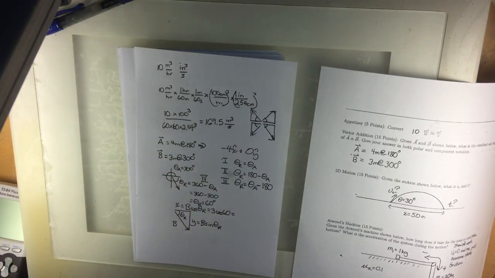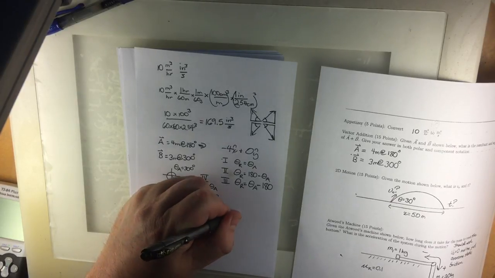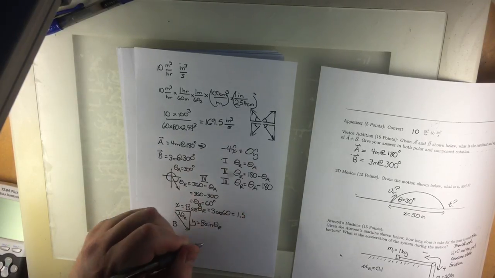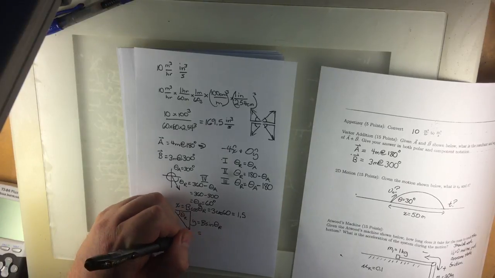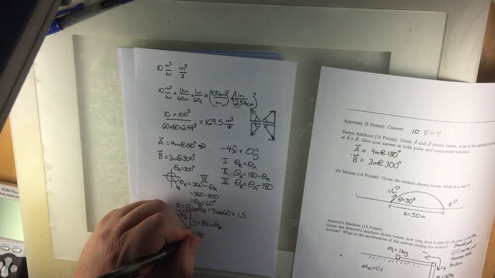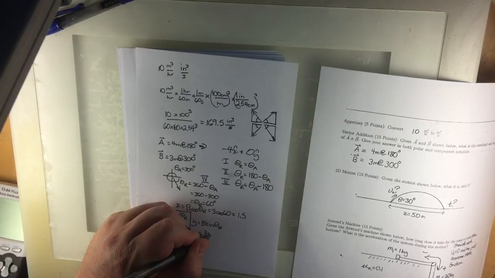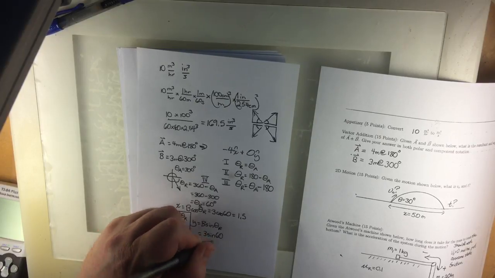Speaking as your private tutor for just a second, Dr. Eschenberg just goes nuts with 30, 45, and 60. He loves those things. Why? Cosine 60 is always 1/2. So this is 1.5. B sine theta r is 3 sine 60.